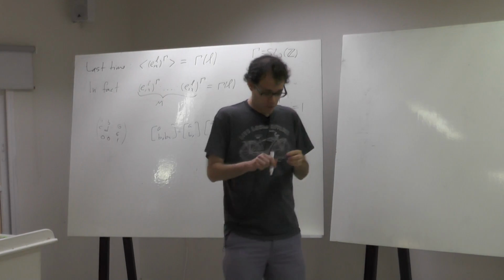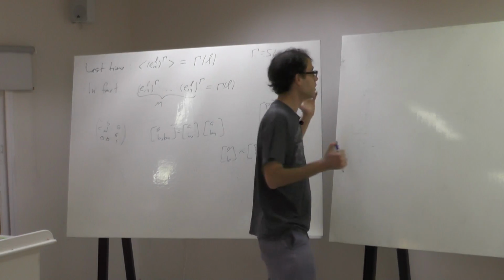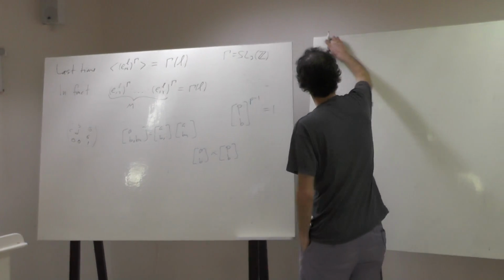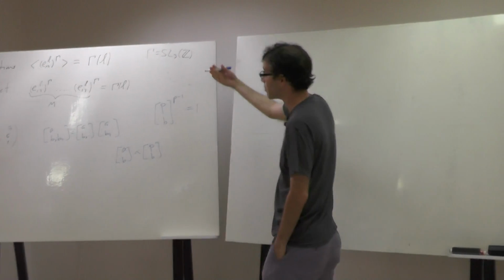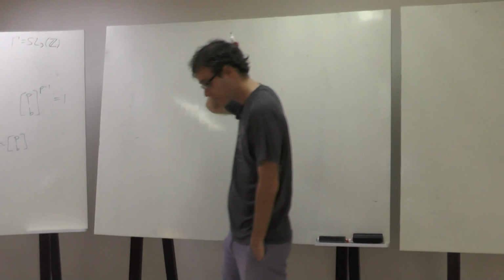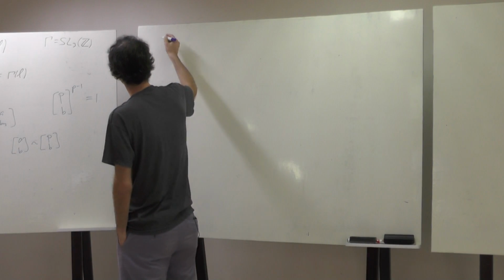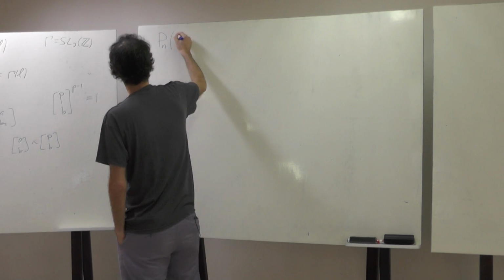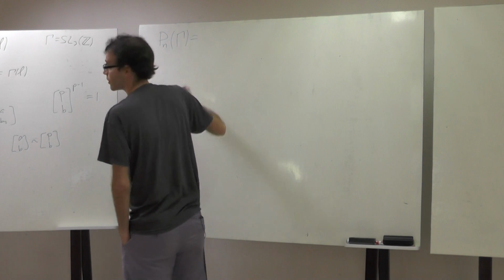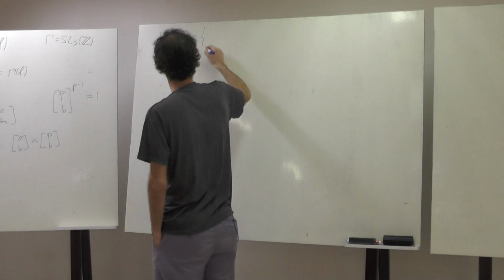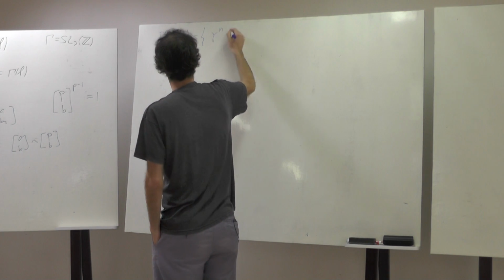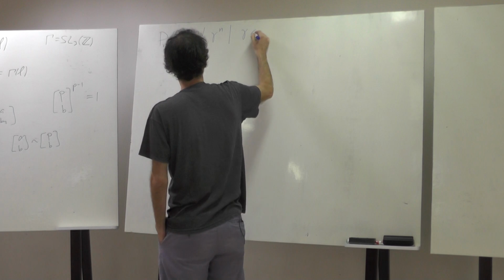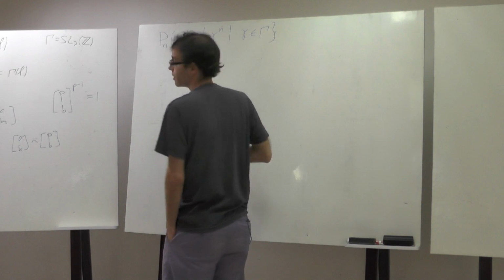So I don't want to talk about this. I want to talk about some applications of this better version of the congruence subgroup property. Let's start with some notation. I'll denote by Pn of gamma the set of nth powers of gamma.